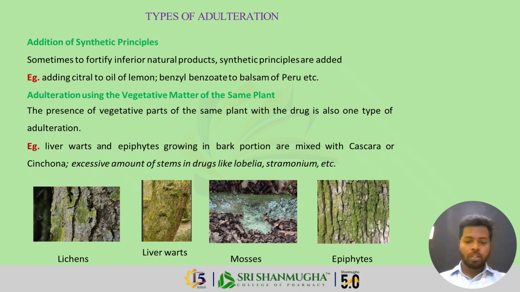This commonly occurs in drugs like cascara, cinchona, lobelia and stramonium. Sometimes it may be accidental, sometimes it may be intentional to increase the weight. Either way, potency is reduced.